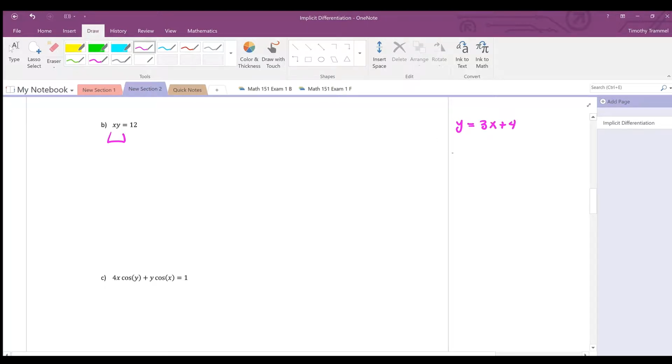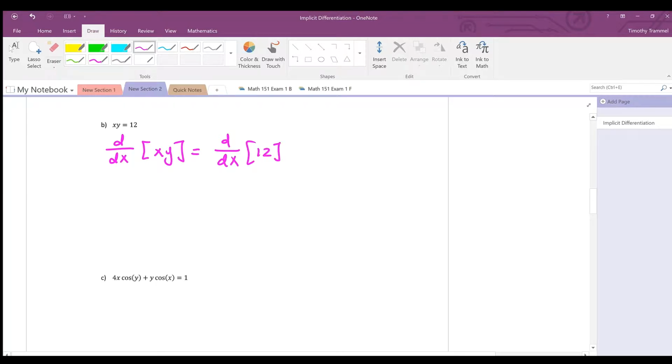So when we actually write x times y, well, this is x times something with x's in it, which is something we'd use the product rule for. That means when we take this derivative, we will be thinking about the product rule.